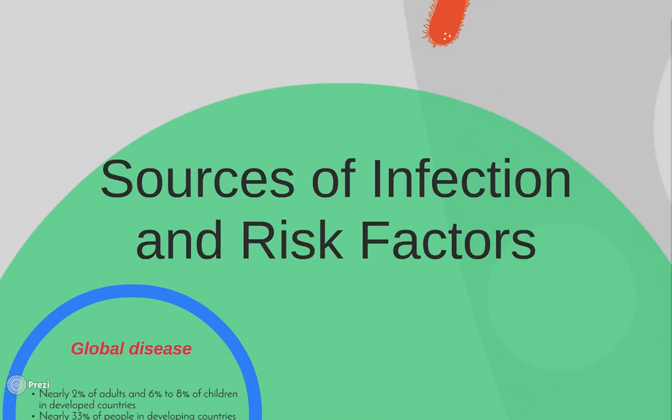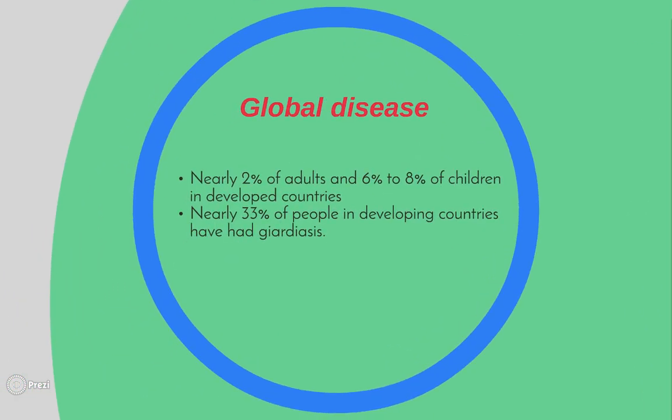All right, moving on to sources of infection and risk factors. Looking specifically at global disease, about 2% of adults and 6 to 8% of children in developed countries will get it or have had it.